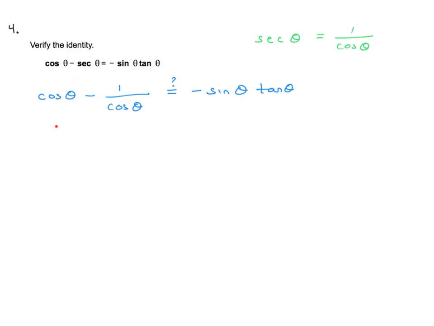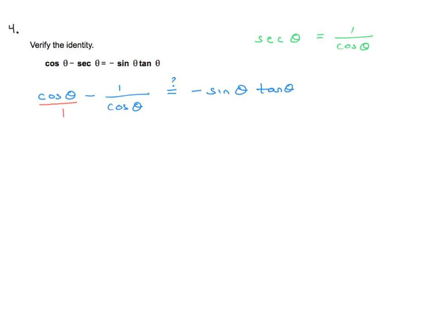So we have to have a direction to go over here, and maybe we could combine these things into one fraction by getting a common denominator. So my common denominator would have to be cosine of theta. Basically, I'm going to take this fraction and multiply the top and the bottom by cosine of theta. In the top, we'll get cosine squared. In the bottom, we'll have cosine.